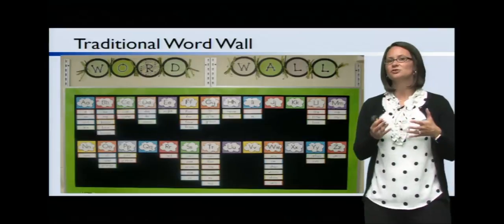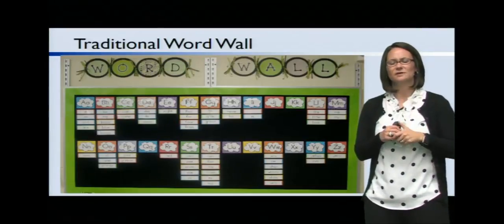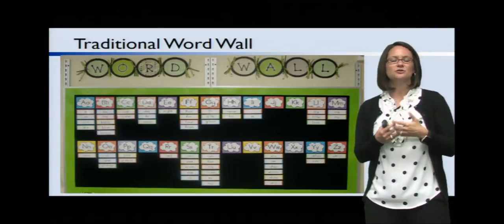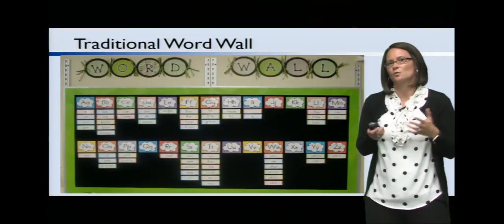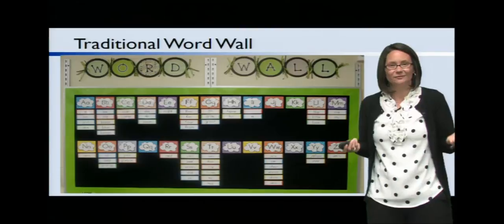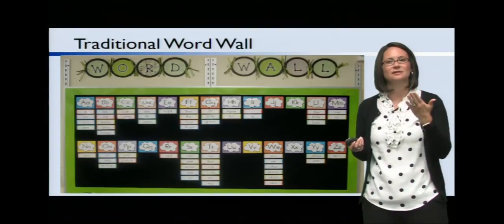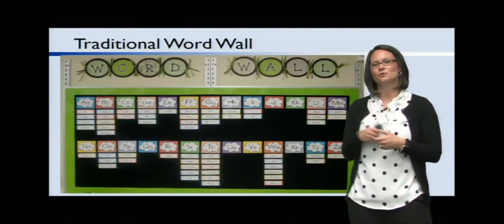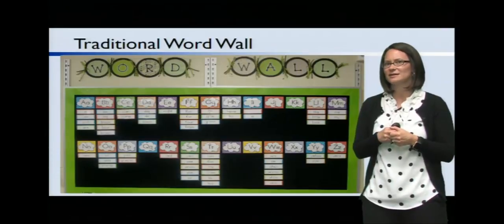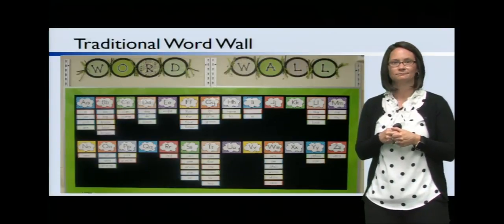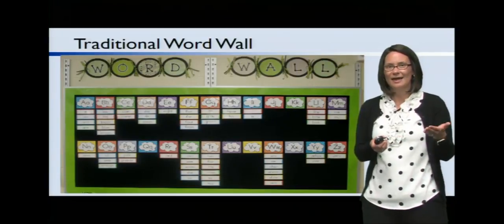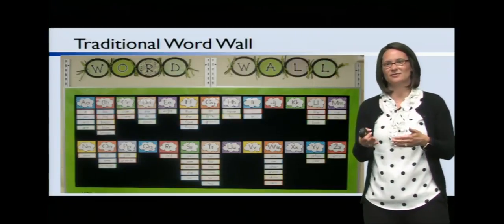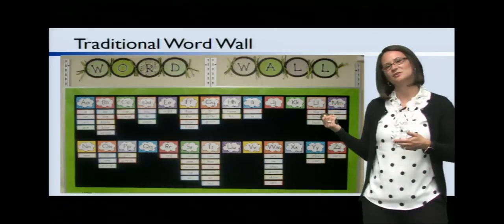Now, if you're a first grade student and you don't know how to spell the word knee, where are you going to look under the word wall? Under what letter? N, right? Because you hear the N sound. If you're using this word wall, are you ever going to find the word knee under the letter N? Nope. Why not? Well, because it's spelled with a K as a silent letter and then the N. But that's not how this word wall is set up.